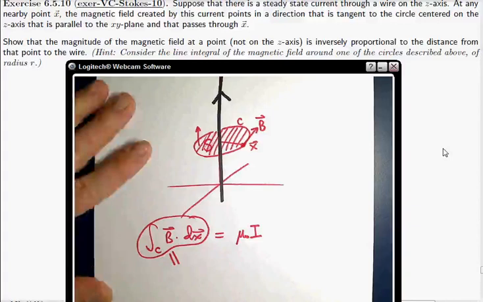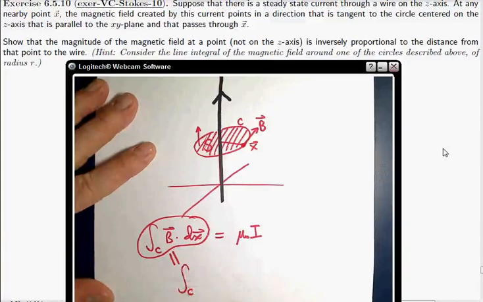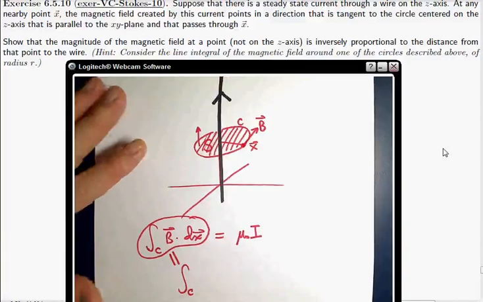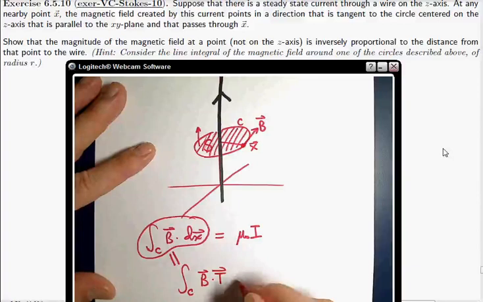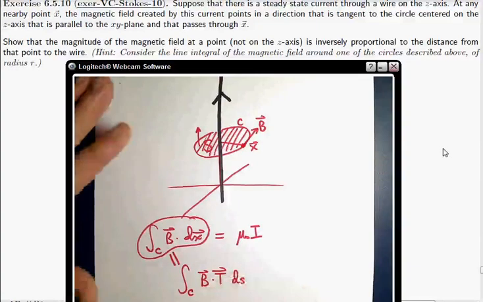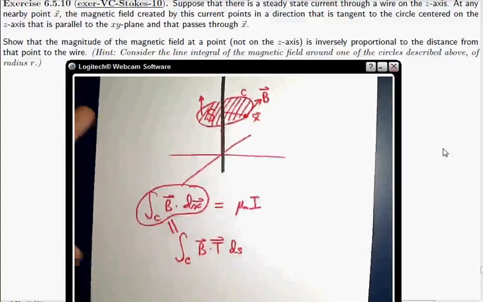One of them is I can rewrite this as the integral around the curve of B dot unit tangent vector ds. Is everybody good?